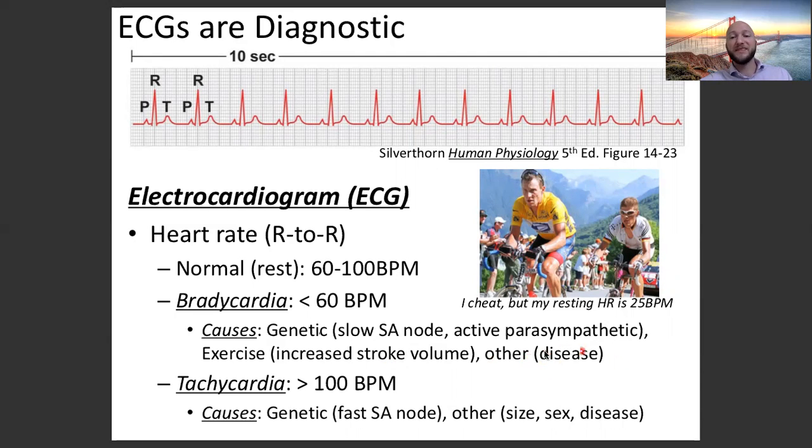If it's because of a disease state, not the greatest thing. Tachycardia, beats of 100 or more per minute, could be genetic, fast SA node, or it could be disease. Generally, it's not a good thing. Just if at rest, you have 100 beats per minute.